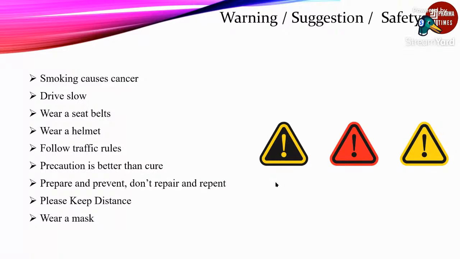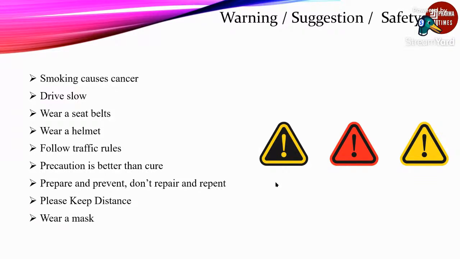Prepare and prevent, don't repair and repeat. Precaution is better than cure, which is written at hospitals. Keep silent, switch off your mobiles, don't throw any wastage without a dustbin. These are the warnings which control our behavior and save our lives in day-to-day life.